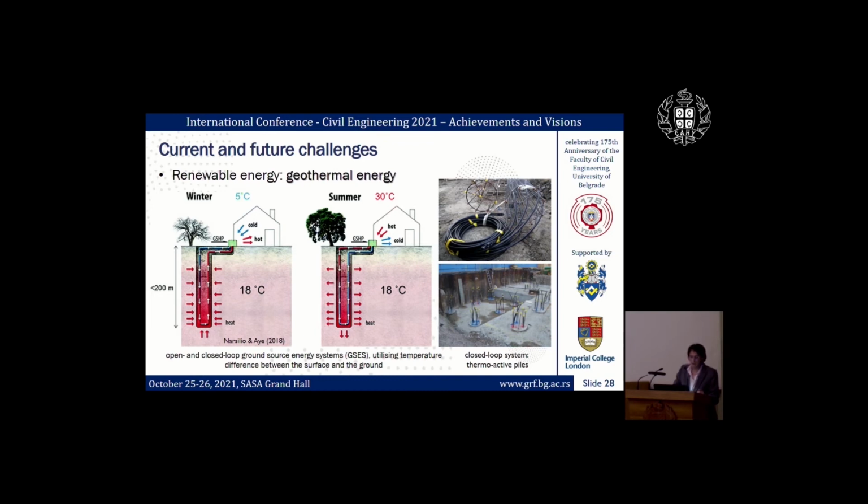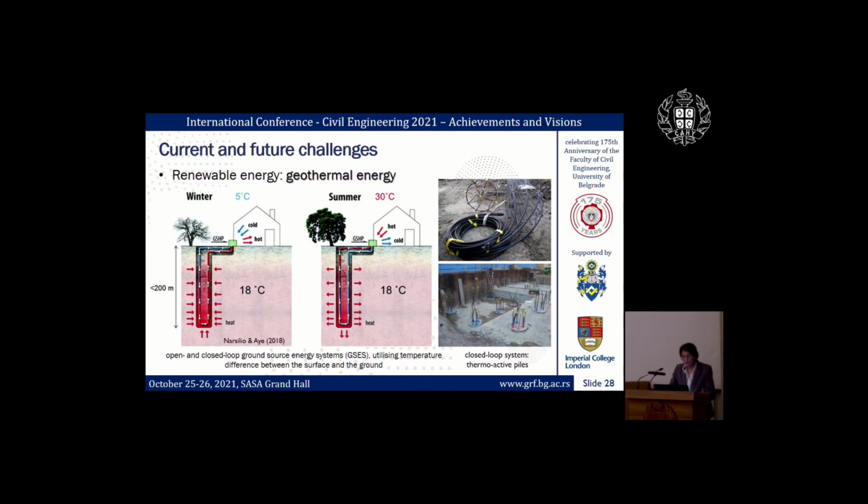And in the winter, the heat exchanger fluids in the pipes installed in the ground are essentially warming up the fluid and passing it to the building for heating, whereas in the summer, the heat is taken out and stored in the ground, so it is being cooled in the ground and taken back into the building for cooling.